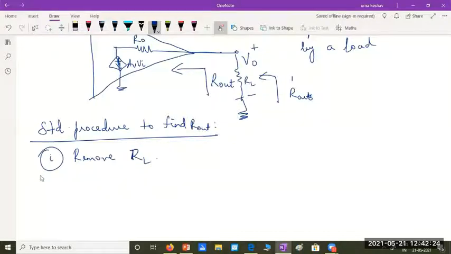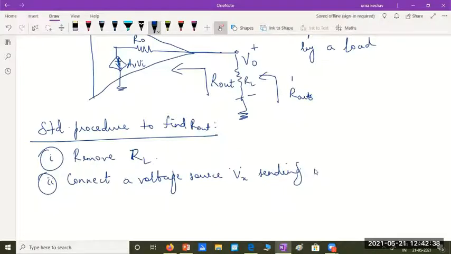Remove RL, first step. Then connect a voltage source, say Vx, sending a current Ix into the output side of the amplifier.